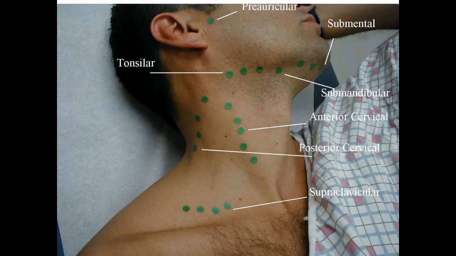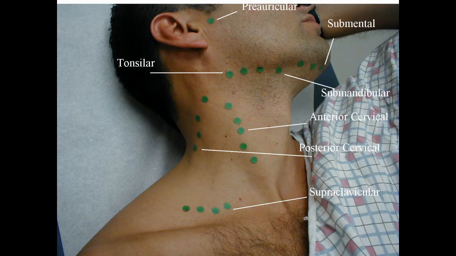The right SCM turns the head to the left and vice versa. They can be easily identified by asking the patient to turn their head into your hand while you provide resistance. Drainage: the internal structure of the throat, as well as part of the posterior pharynx, tonsil, and thyroid gland. Number 2, posterior cervical.